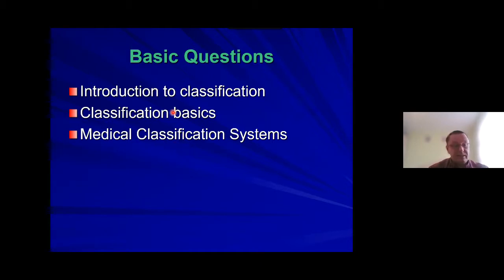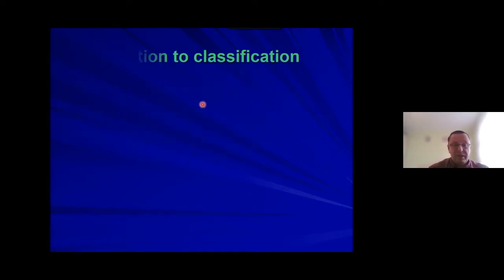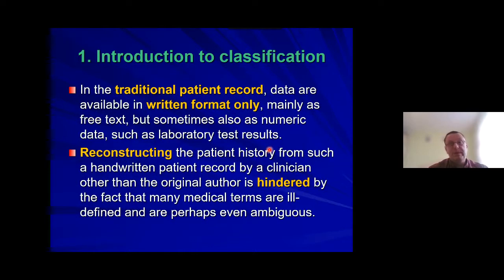Now let's proceed with the first question, introduction and practical application of classification methodologies. Our major aim is the usage of different classification systems along with the patient record, along with medical documentation. Traditional patient records are available in written format only, mainly as free text, sometimes also as numeric data, laboratory test results, and so on.